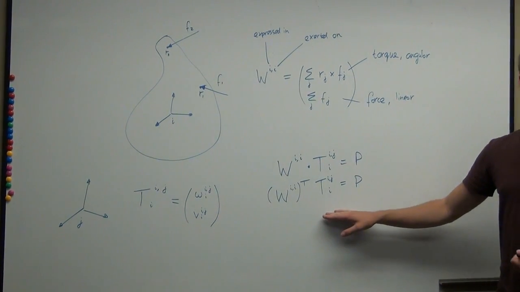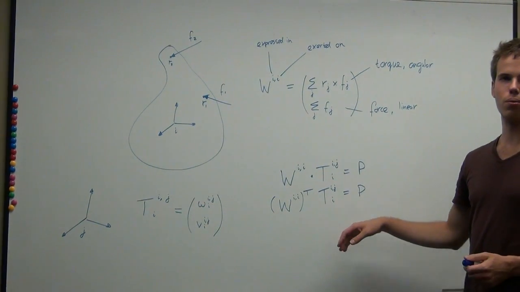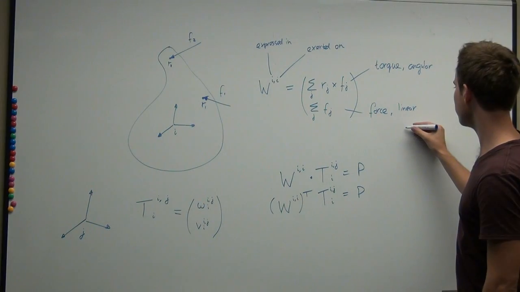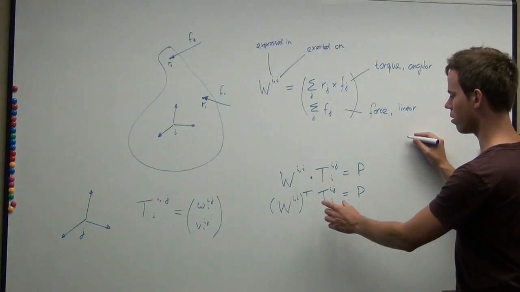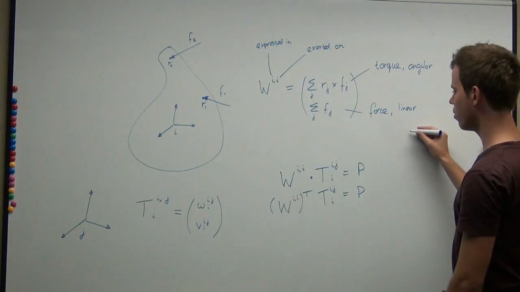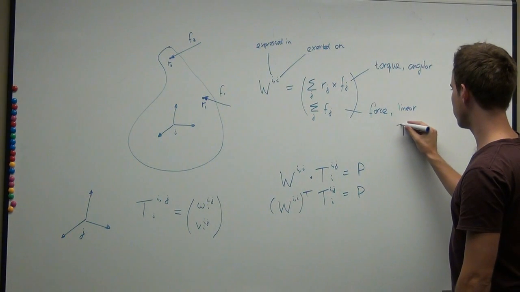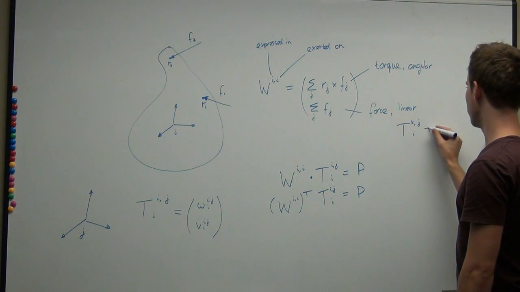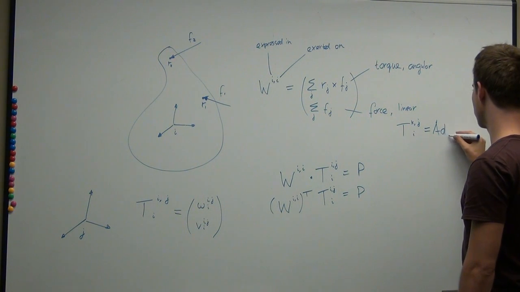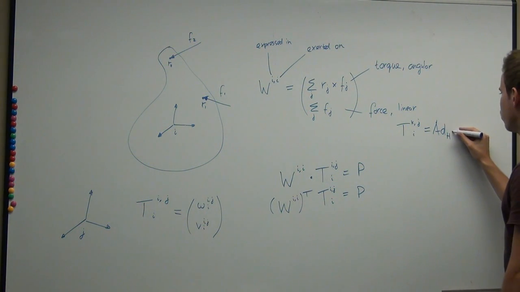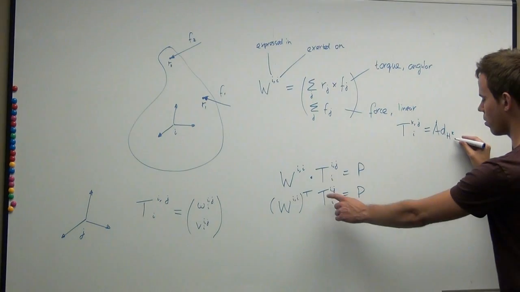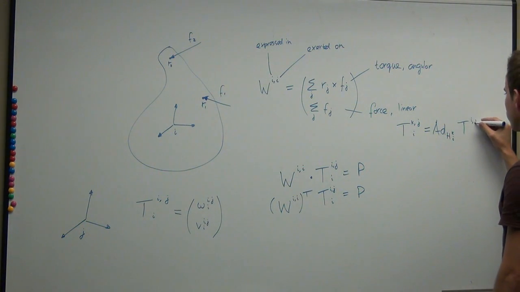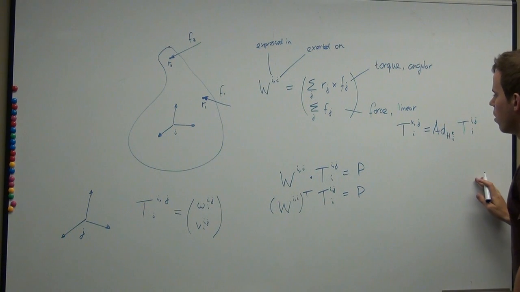All right, so another property that we had for twists was that we could change their frame, right? We have this rule. So let's just take this one, for example, and express it in a different frame. T_K equals the adjoint H_2K from what was expressed in I, T_I,J,I.